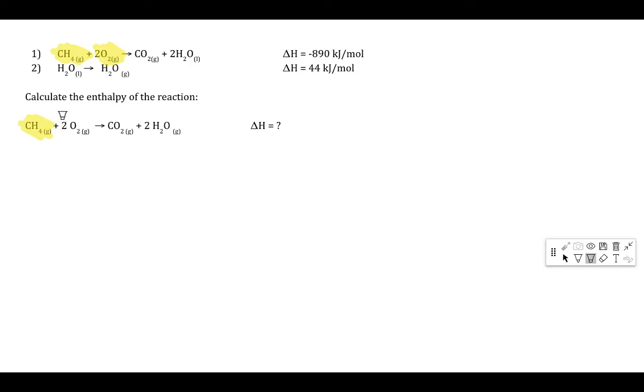Moving on to 2O2, so oxygen gas, both have the same coefficient and they're both on the same side of the arrow, right? So I'm happy with that. I have CO2 gas, again, same side of the arrow, so they're both products and they have the same coefficient, so I'm pretty happy with that.